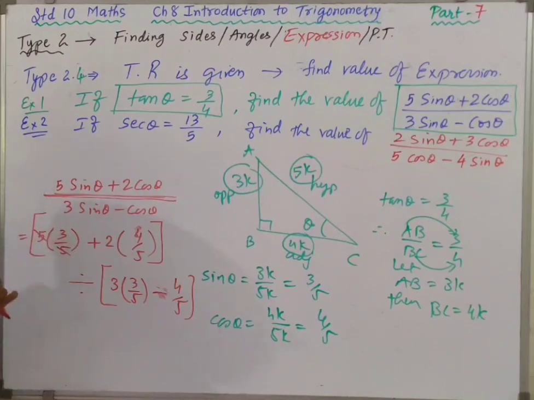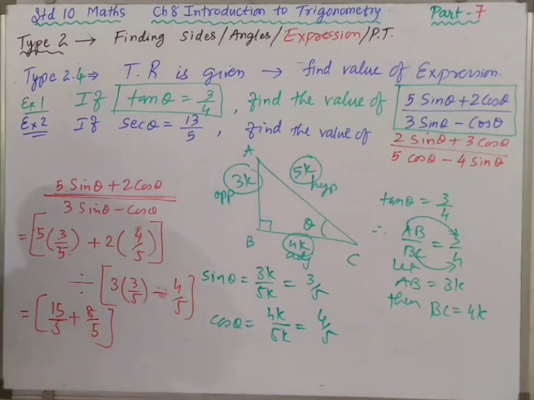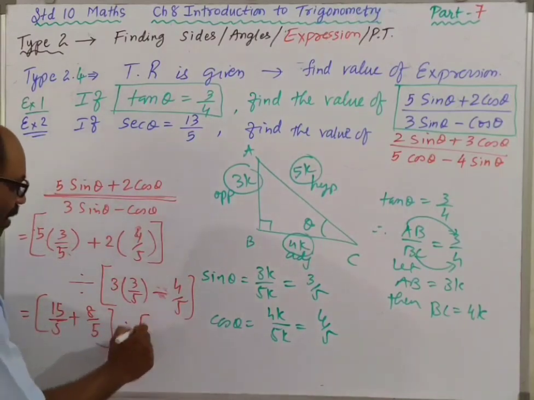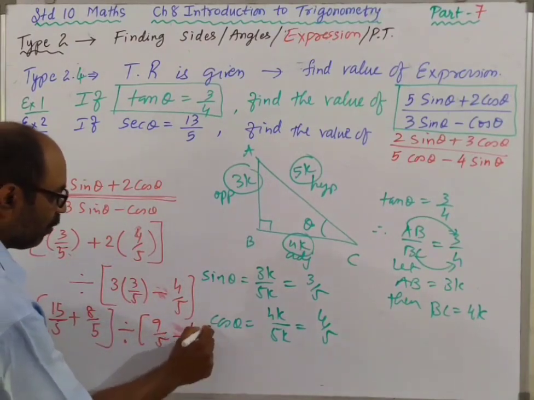It would be wise if we don't cancel this as well. Why? Because 3 will remain, we would have to write 3 upon 1, then take the LCM. So better I leave this, I don't cancel this. So I'm using my smartness here. Let's go: 3 5s are 15 upon 5 plus 4 2s are 8 upon 5. This is the reason: with a common denominator it is easy, it will remain easy. Divided by 9 upon 5 minus 4 upon 5.